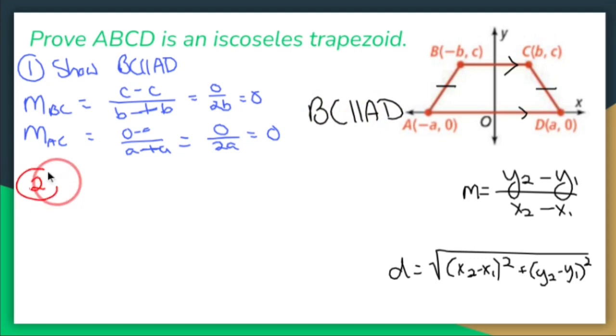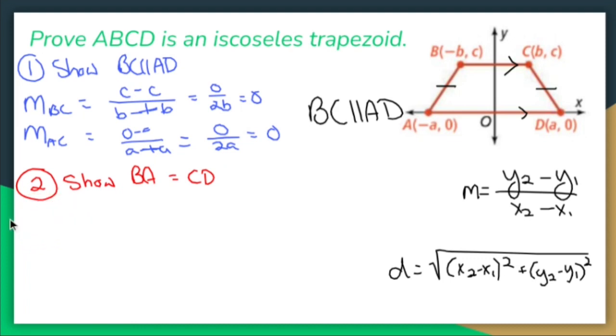Thing number two is I need to show that these two guys are equal in distance. So I'm going to use the distance formula to show that AB, or BA, is equal to CD. Compact disc, those of you 90s kids. Let's rewrite it out so that I'm a little bit more specific.